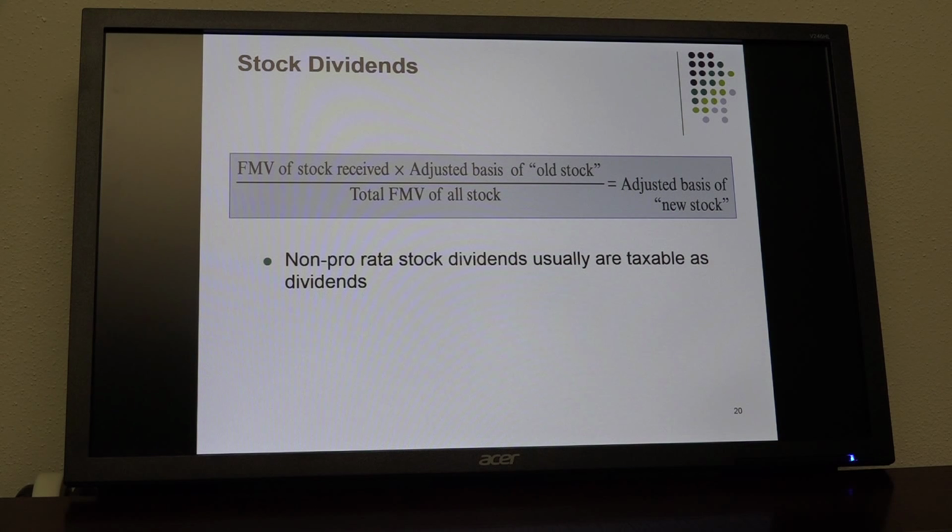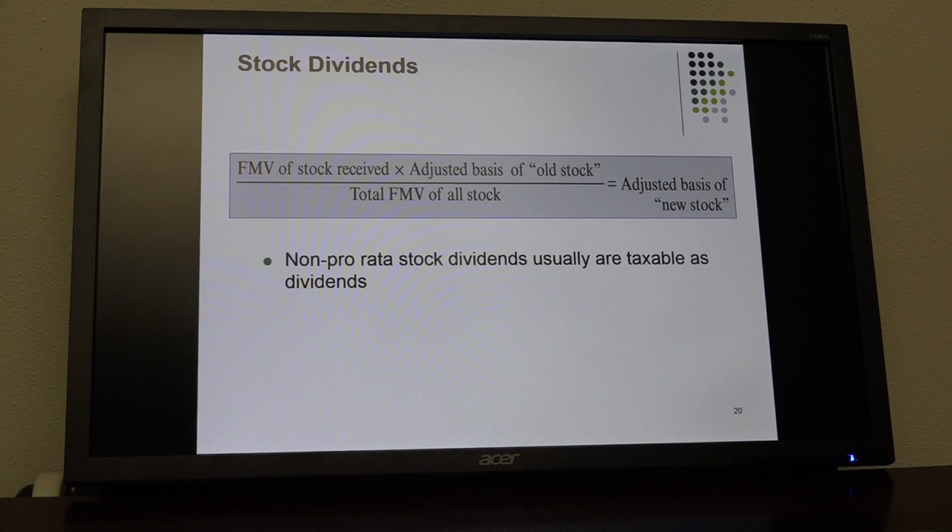Where a shareholder owns 100 shares and they paid $3,000, so that's the tax basis for those 100 shares. And in this example, Acme declares a percentage stock dividend of 100%. And so the shareholder who had 100 shares now has 200 shares.